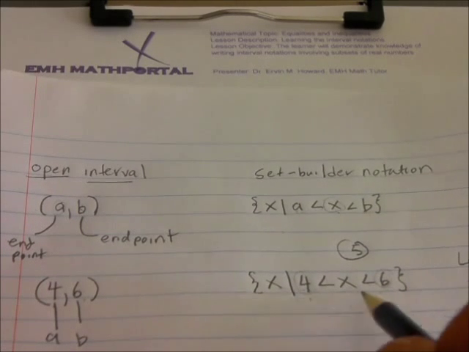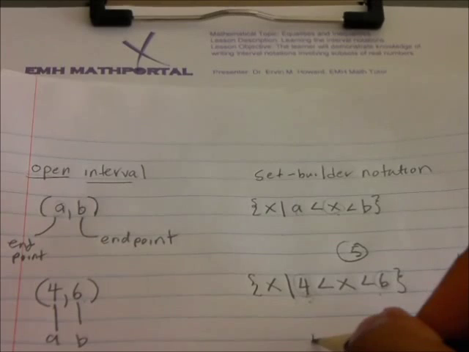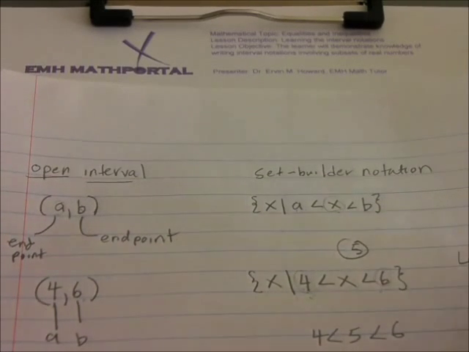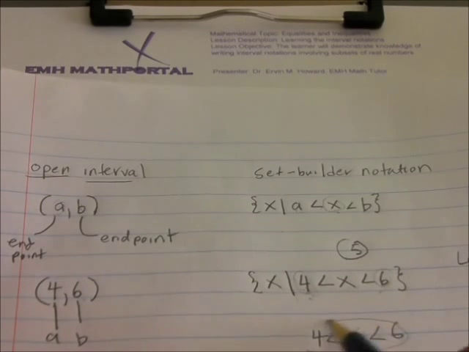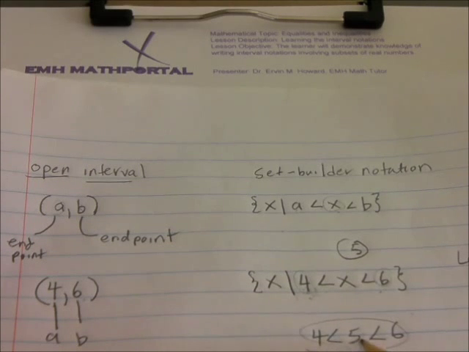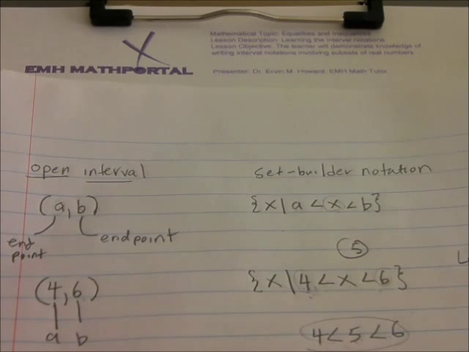If we put 5 in between 4 and 6, 4 is less than 5, less than 6. So this interval fits the true statement. It's a true statement because 4 is less than 5 and 5 is less than 6. So imagine a whole set of numbers in between 4 and 6.